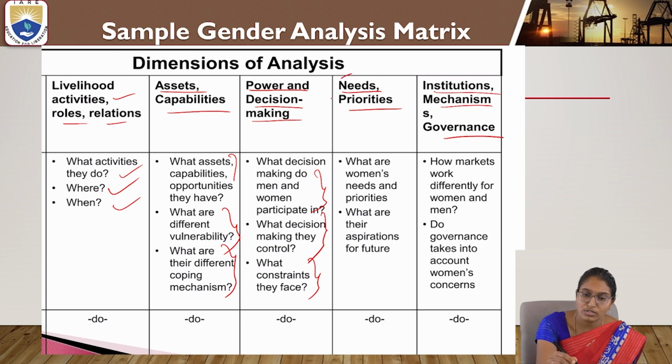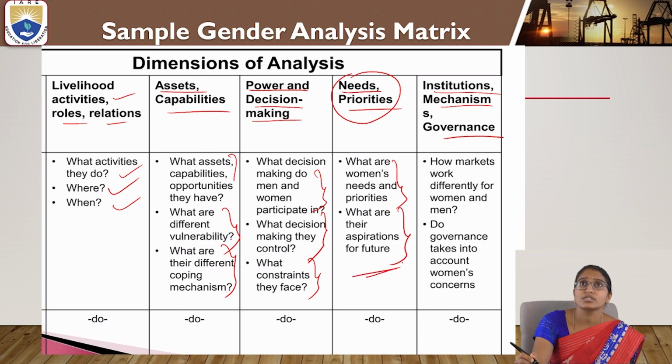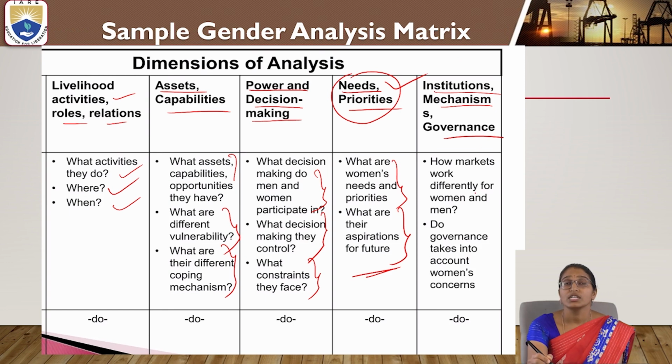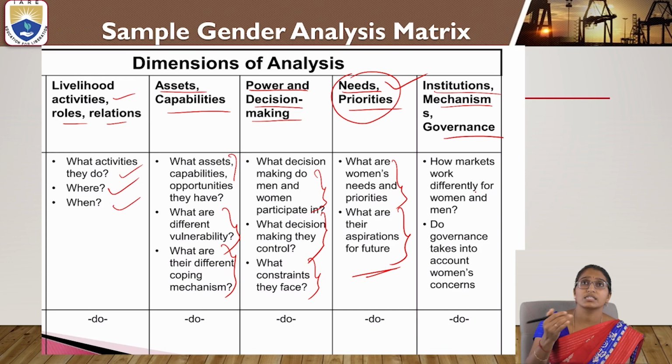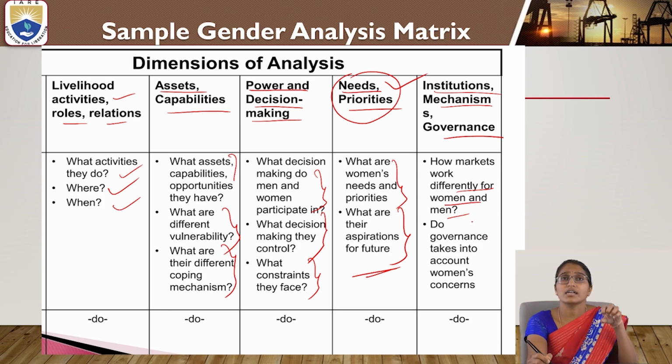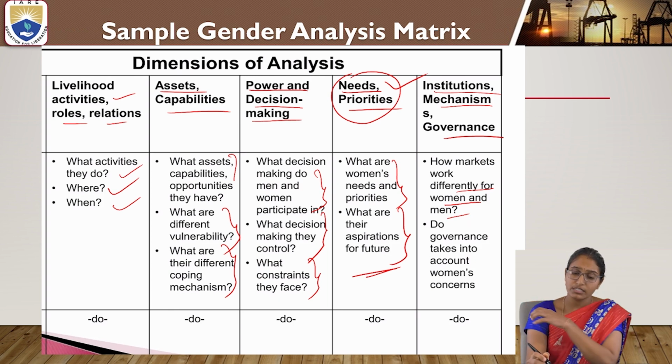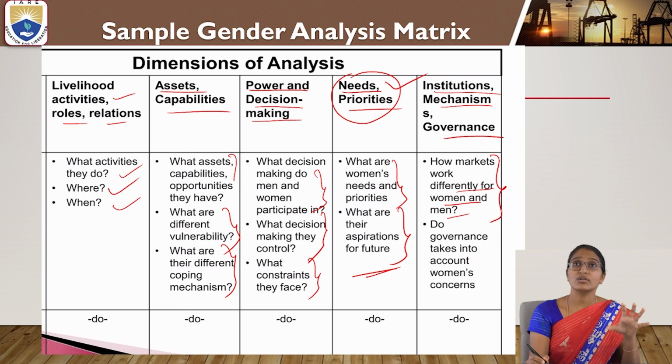Coming to needs and priorities: what are the needs or priorities that women have, and what are their aspirations for the future? This comes under needs and priorities. Then institutions, mechanism and governance. If it is organized, it is under governance or some institutions. For example, how markets work differently for men and women. If it is under the control of some institution, then who will control that?